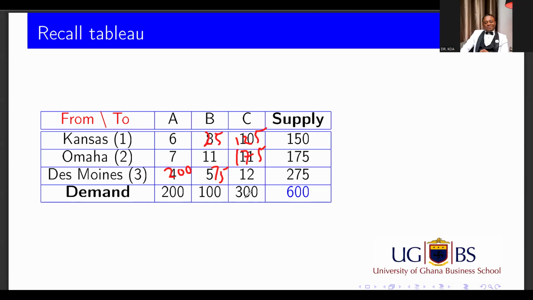So the new total cost, of course, we now know the allocation. So the decision variables, we know how much it's going to be. And the total cost will be what?